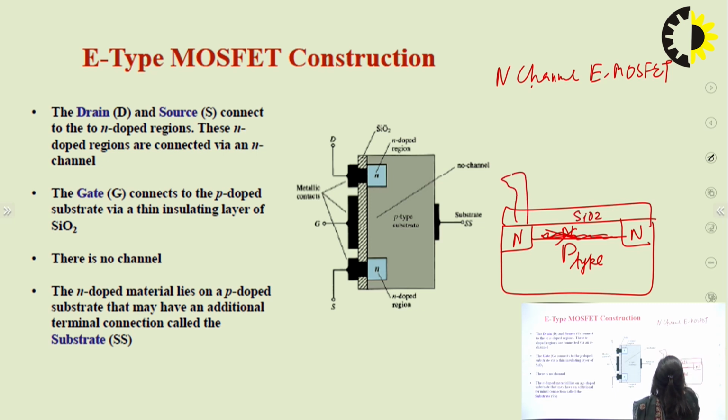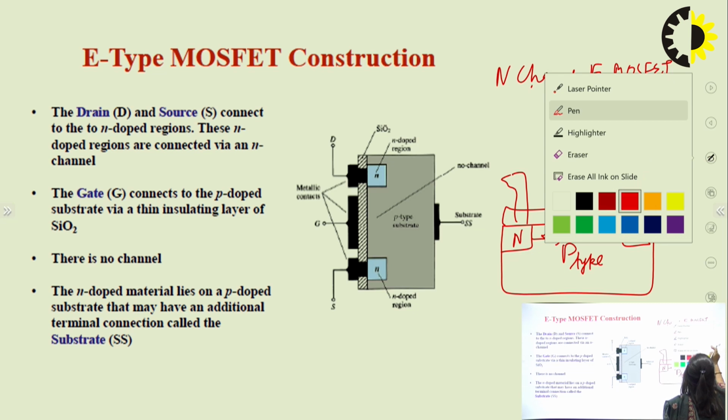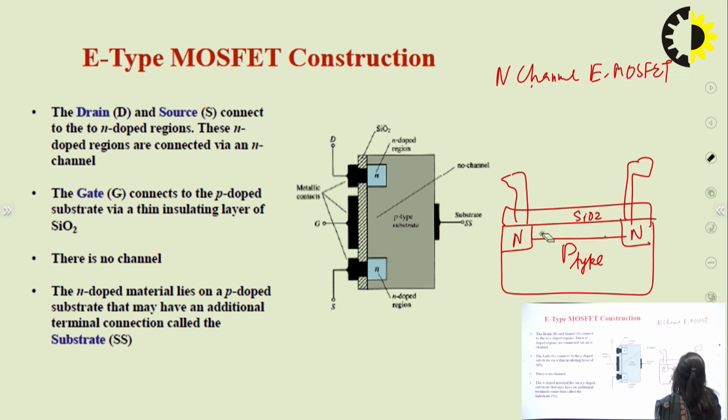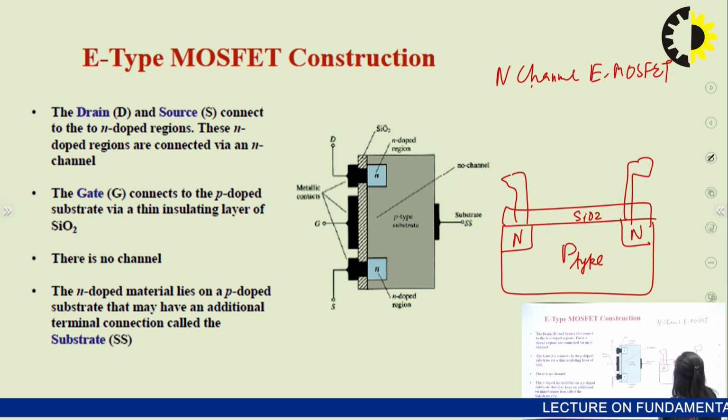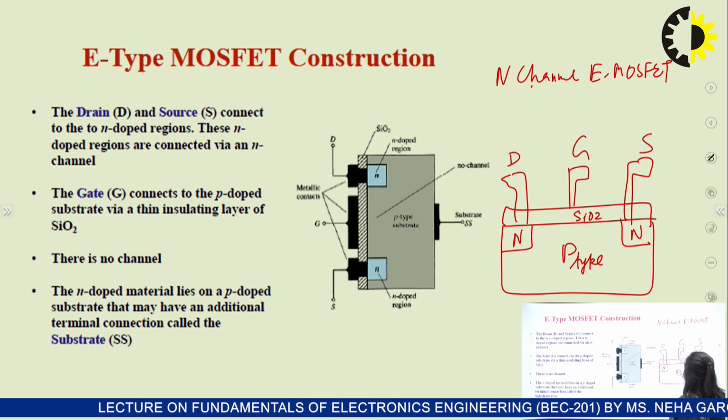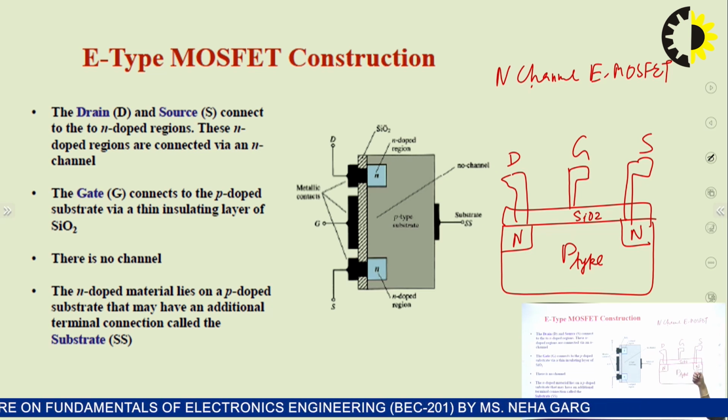Here there will be no channel. This is the drain, this is the source, and this is the gate. So there is no physical channel between these two blocks, which was present in the previous case.